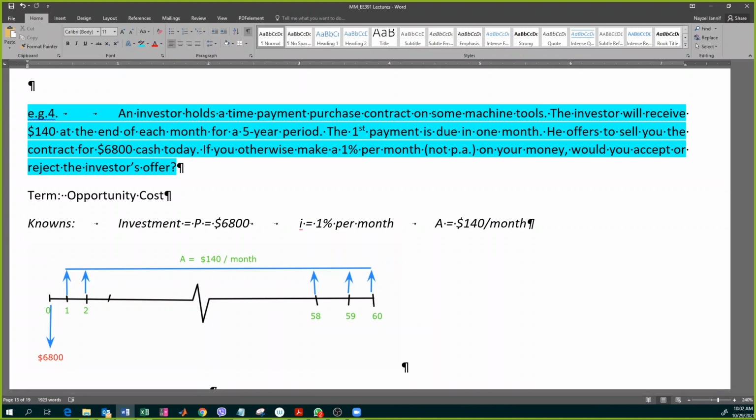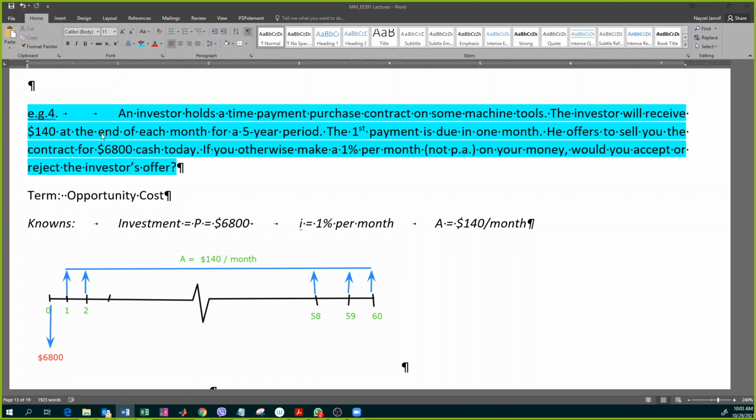This particular topic is known as comparison, and we were investigating whether this deal would be good. A contract was being sold for $6,800, in which there would be $140 revenue at the end of each month for a 5-year period.